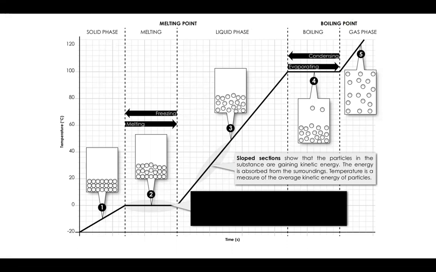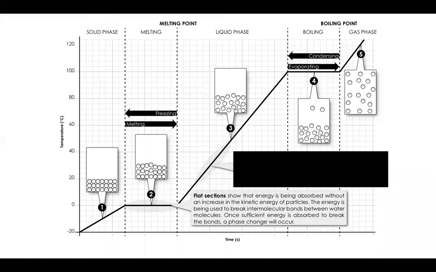And we can see here on the left, in these slope sections, we are getting an increase in temperature. However, we also have these flat sections, which actually show that the water is not gaining temperature. The energy is instead being absorbed.